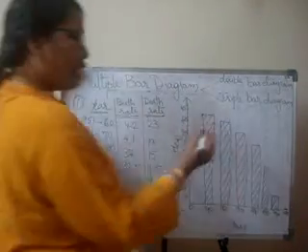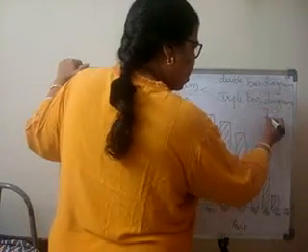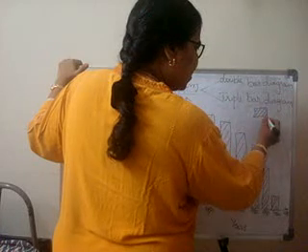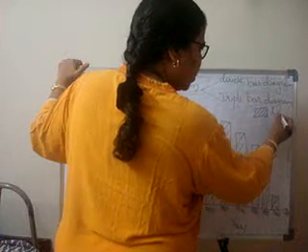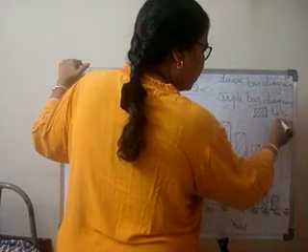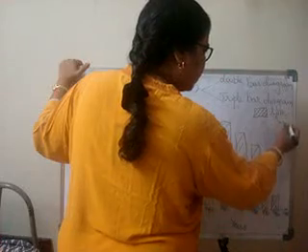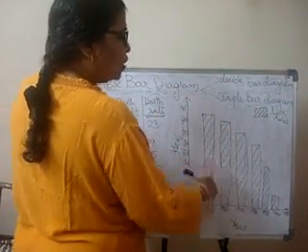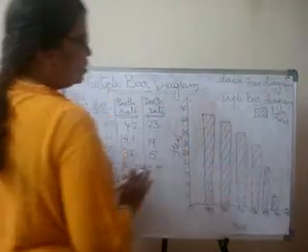Now we have to put an index so that the layman who is reading it should know it is birth rate. So we have taken a rectangular box with all crossed lines, which is nothing but birth rate.